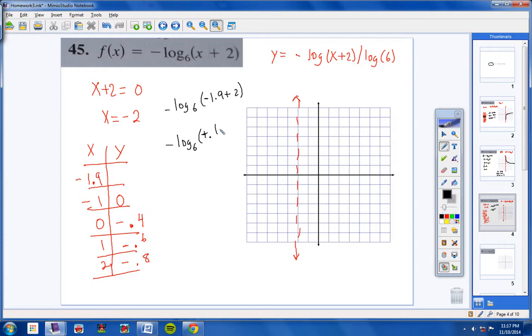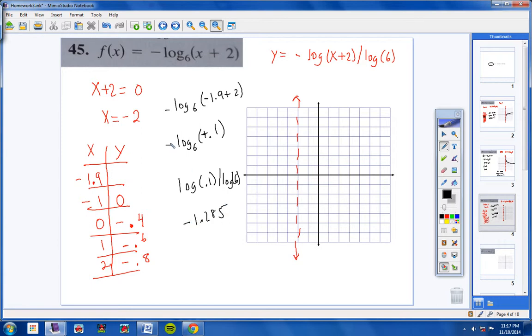I would not worry about this negative sign here. Just forget about that until the very end. I would type into your calculator log of 0.1, close the parentheses, divided by log of 6, and close the parentheses.